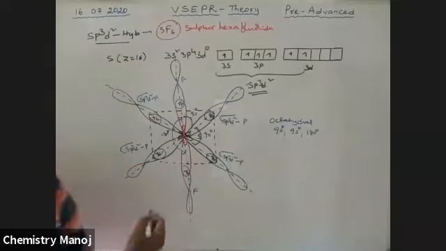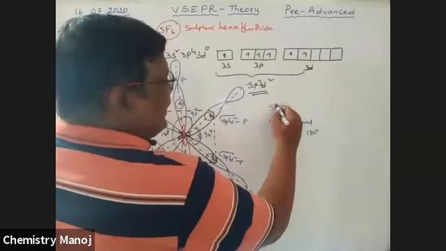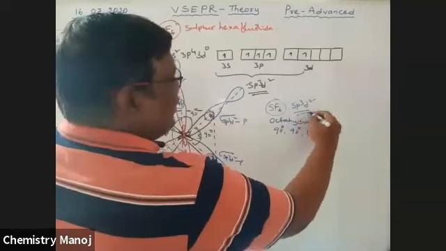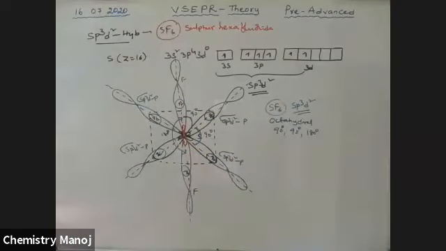This is the shape of the SF6 molecule, and the hybridization is sp3d2. Whenever a molecule involves sp3d2 hybridization, the shape is automatically octahedral. So this is the way to explain different types of hybridizations, in particular sp, sp2, sp3, sp3d, and sp3d2. These are the hybridizations in our syllabus. Very, very important.